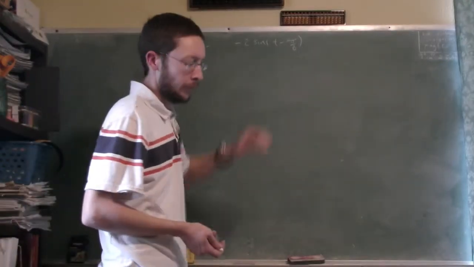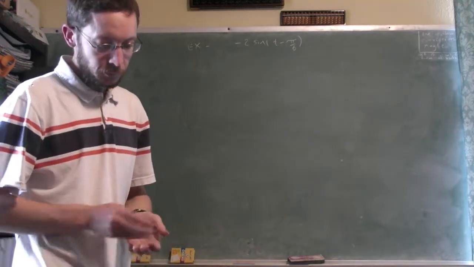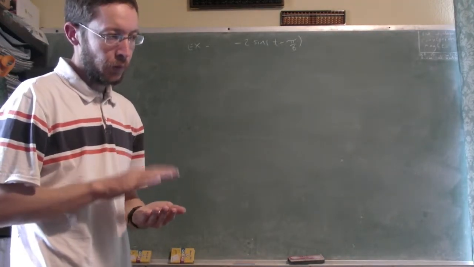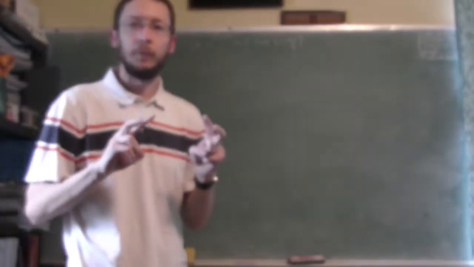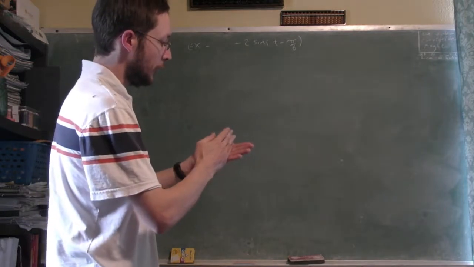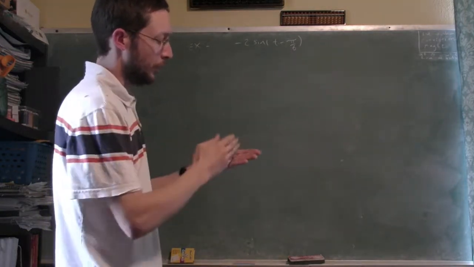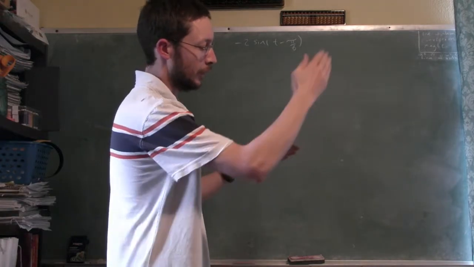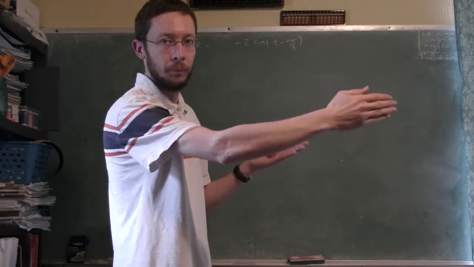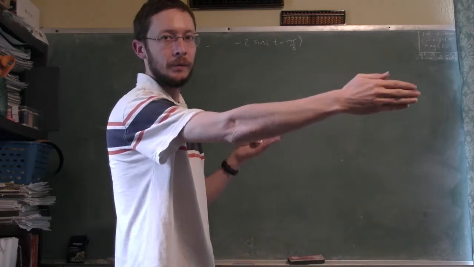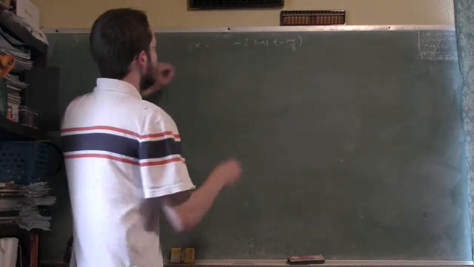I've mentioned already that the trig functions have a quote-unquote starting point. And from that starting point, you're going to add those key points. You start, then for the sine function, you're going to peak, then you're going to go back to the middle, then you're going to reach the low value, then you're going to go back to the middle. So we need to figure out what's the starting point.